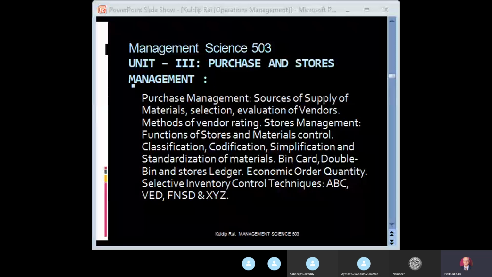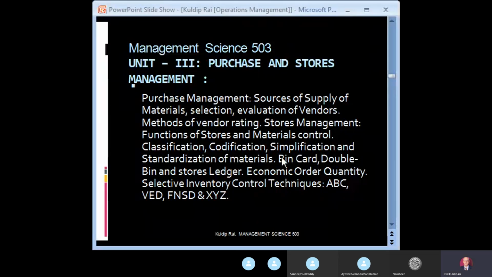Dear students, no organization, no trading organization, no manufacturing organization, no service organization, not even a catering organization, and not even the kitchen of your mom can work without a stores. Get me? That is the importance of stores.